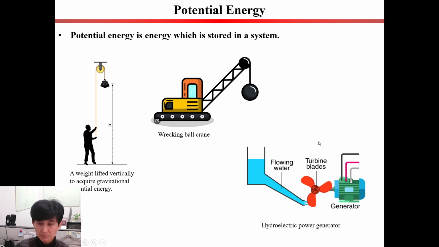Another example of gravitational potential energy which is used a lot is the hydroelectric power generator.